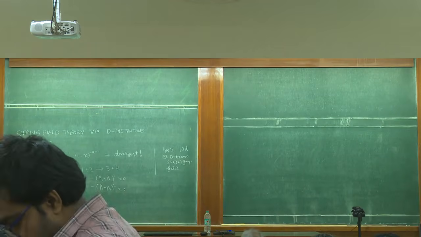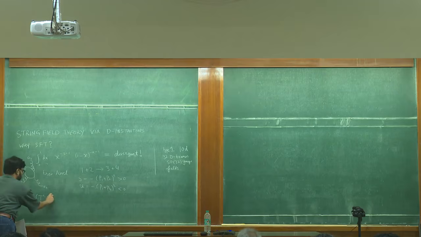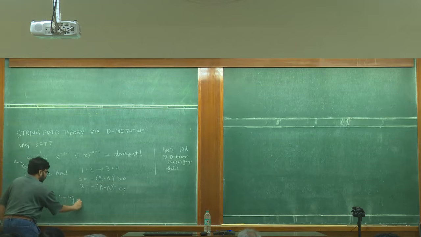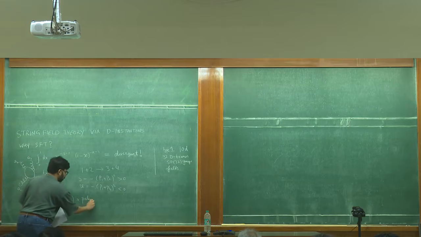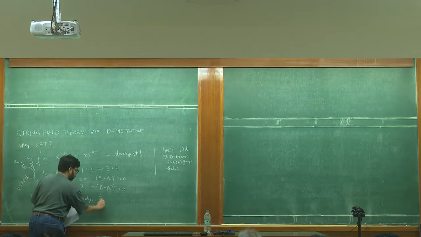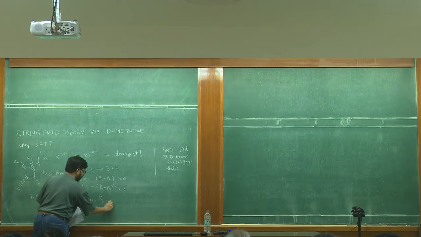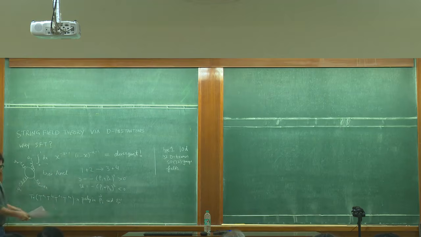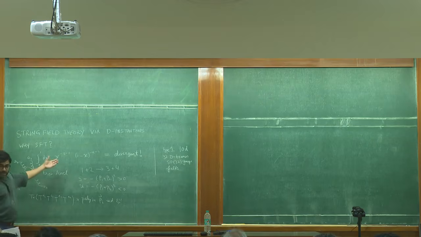It will multiply something like the trace of T^A1 T^A2 T^A3 T^A4, and also some polynomial in momenta and polarizations. So there is all this stuff that I have not written, but the main nugget of this amplitude is this moduli space integral.